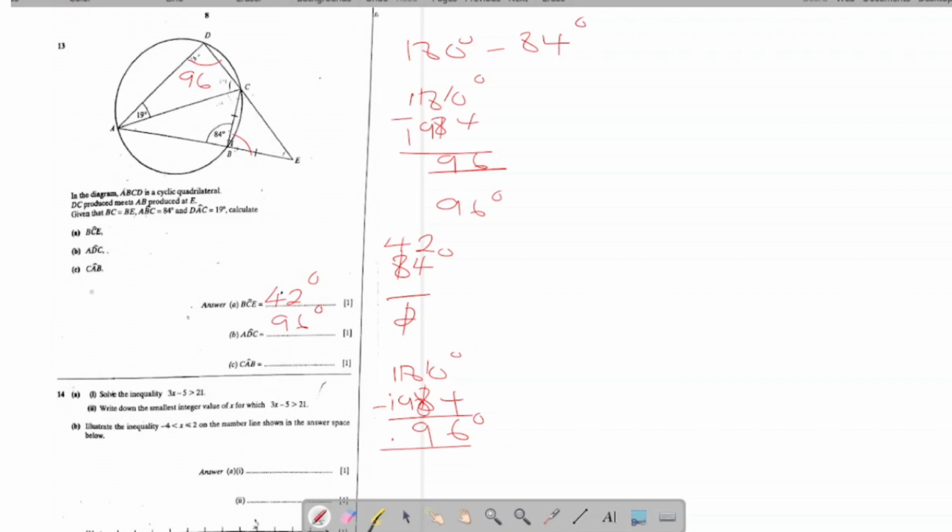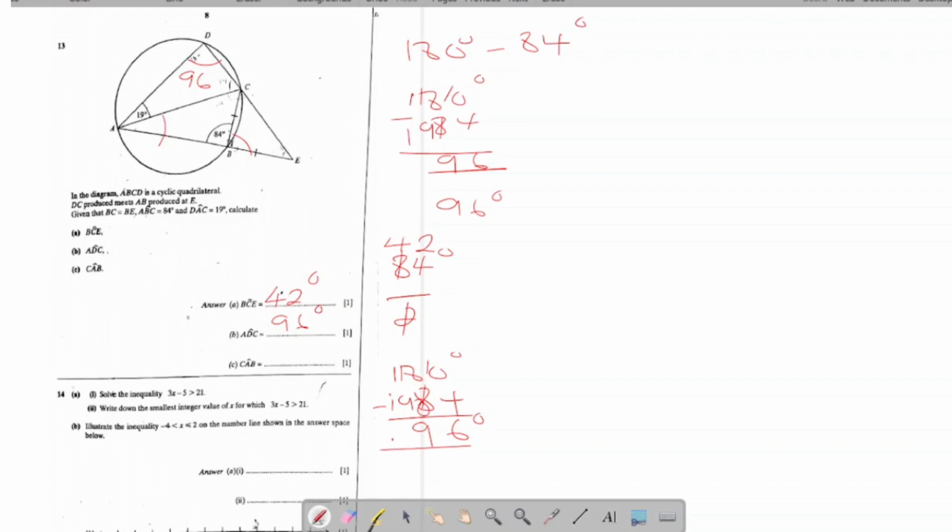And the final question, CAB, so this angle. To find this angle, we can use this bigger triangle, which is ADE.